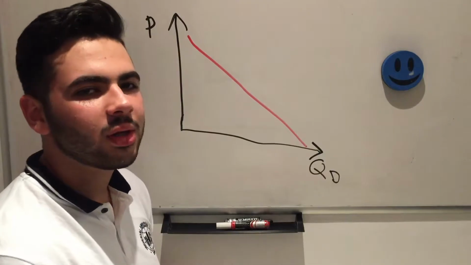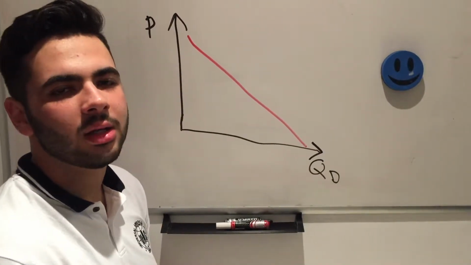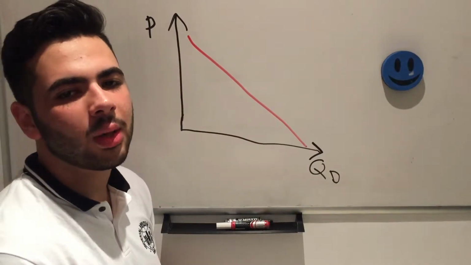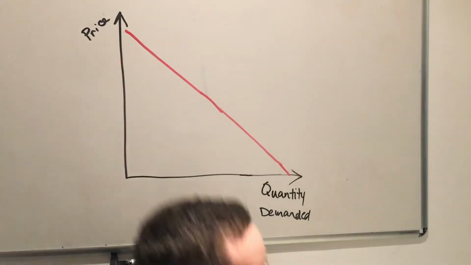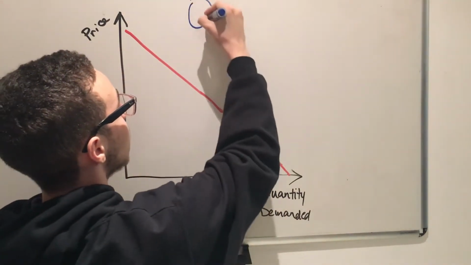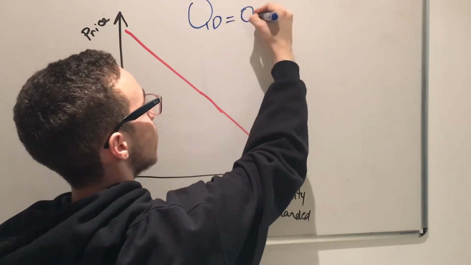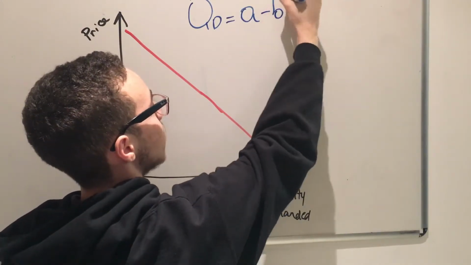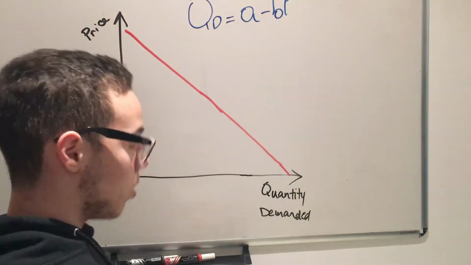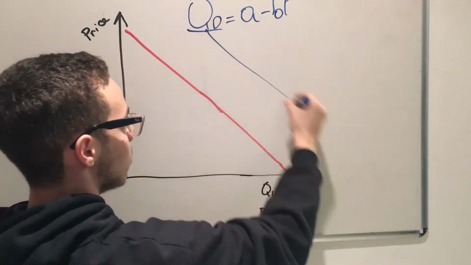This is an inverse relationship because as price goes up, the quantity demanded goes down, and as price goes down, quantity demanded goes up. So this is what a typical demand function looks like. QD equals A minus B P. QD means quantity demanded.